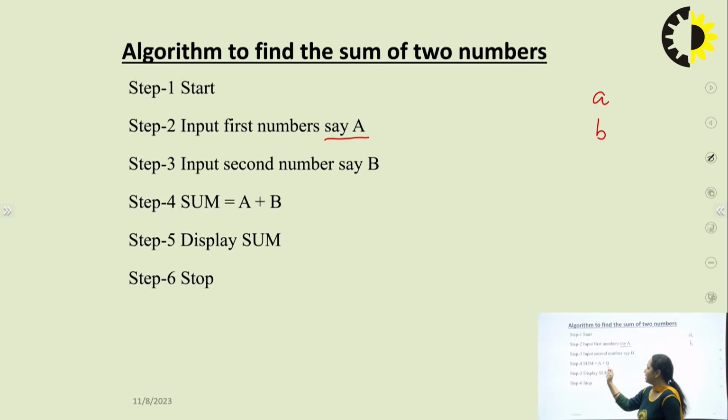As data is being stored within the sum variable, it must be displayed on the screen. And last is the stop. So as we can see, for addition of two numbers, the proper sequence is first taking the input, then implementation, that is formulation, and last is the output generation.